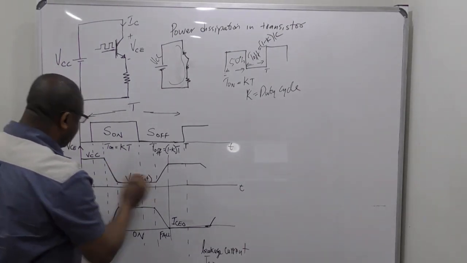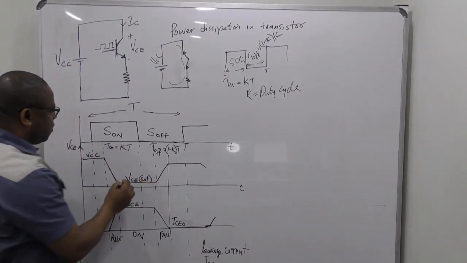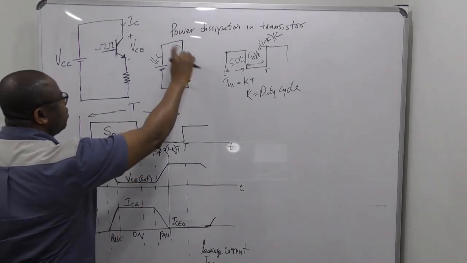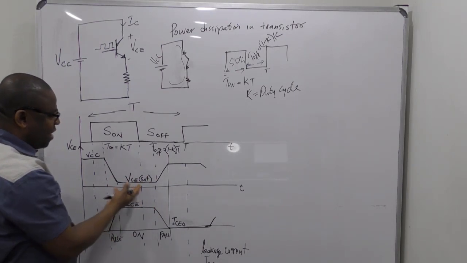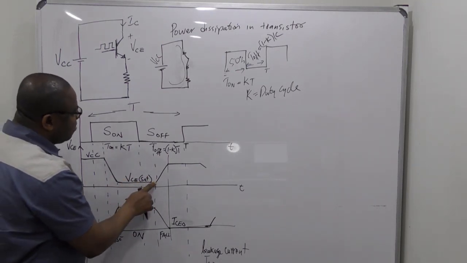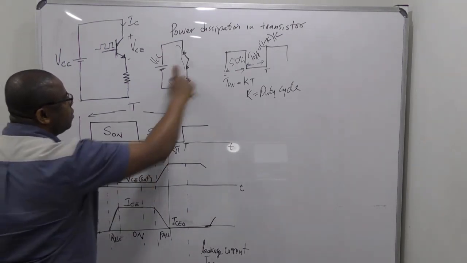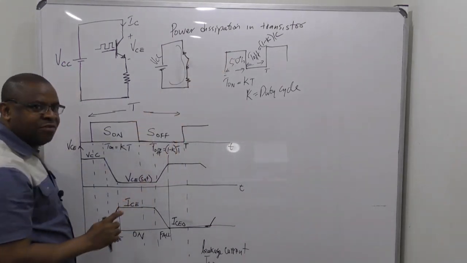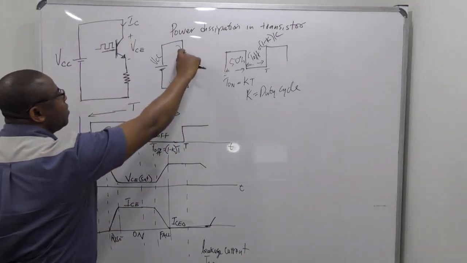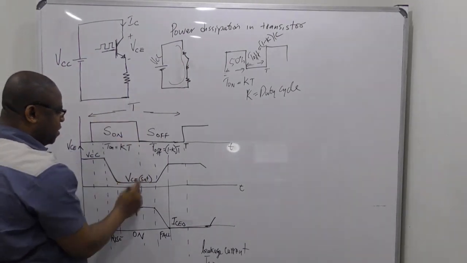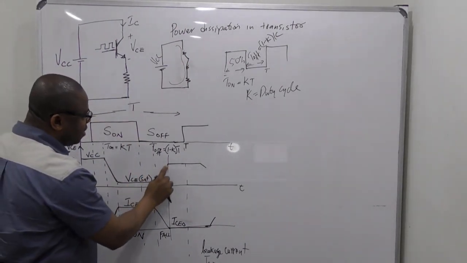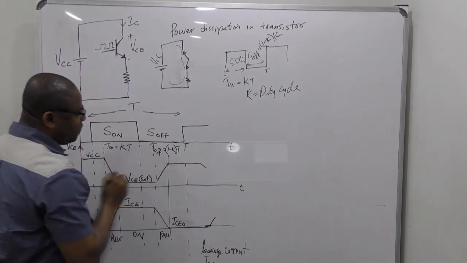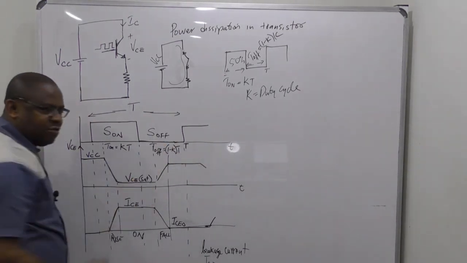Now, immediately you switch it off, what happens? The voltage is supposed to increase straight to VCC, but it has to rise gradually, and then before it gets to VCC, the cycle continues.